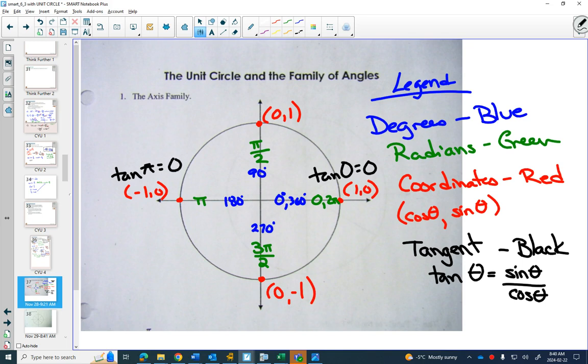But when I go to tan of pi over 2, I get the sine is 1, the cos is 0, this is undefined, because you're not allowed to divide by 0. And the same thing is going to happen down here at 3 pi over 2.